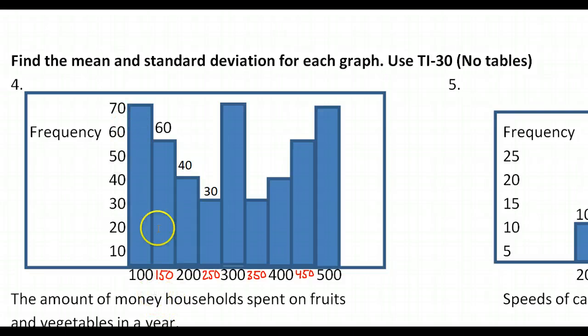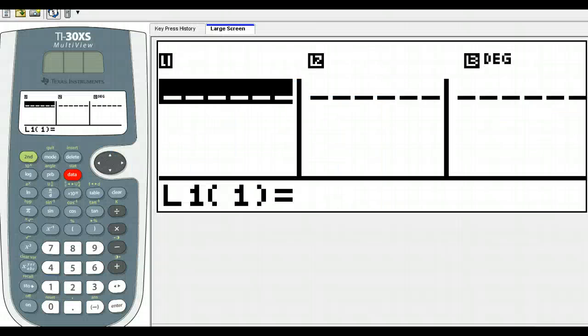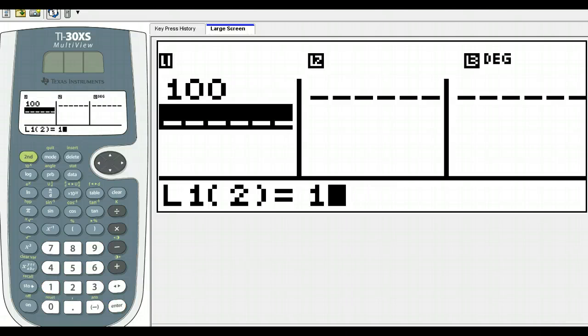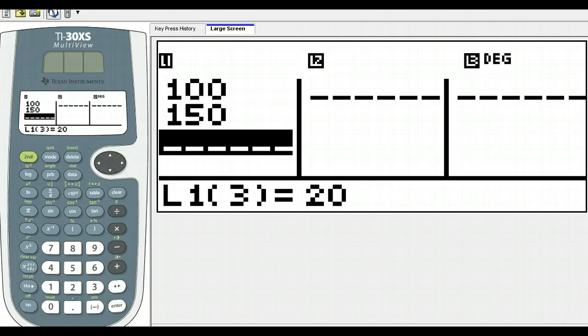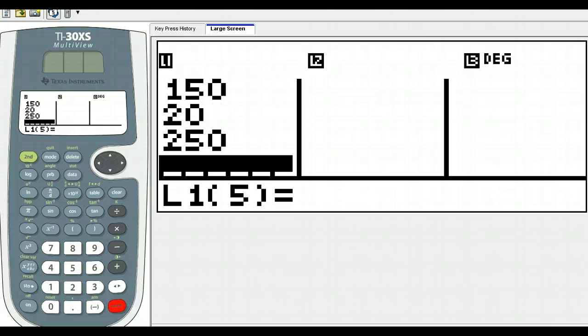Now, there's no way we could type that out, so we have to have another technique. Luckily, your TI-30 is up to the job. So we'll just start by writing one of each. So 100, 150, 200, all the way to 500. Here we go. 100, 150, 200, 250.